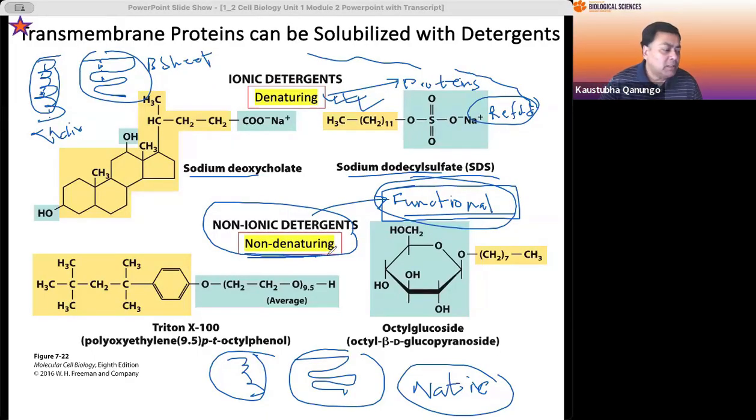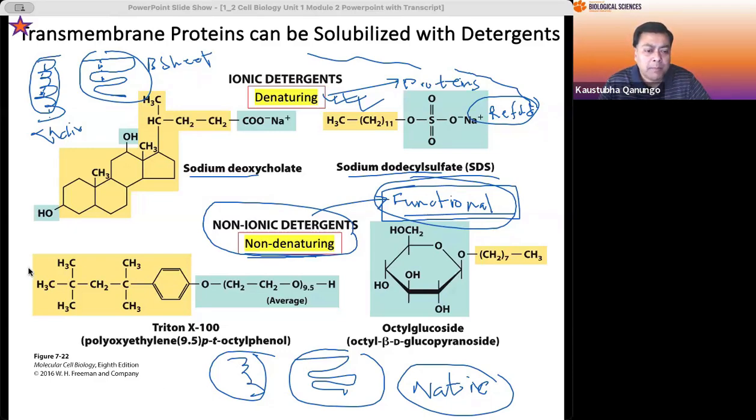The typical question we ask is: if you are extracting a protein from a membrane and you want this protein to be functioning, which of the following will you use? You can use Triton X100 or octyl glucoside, but you cannot use sodium deoxycholate or sodium dodecyl sulfate. These are some of the important parts.